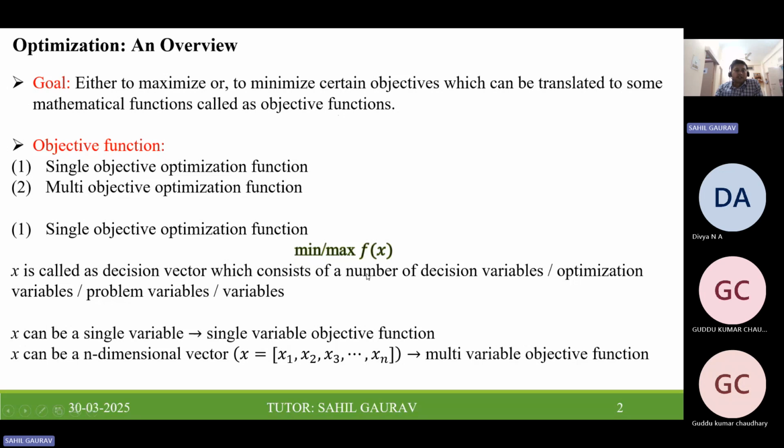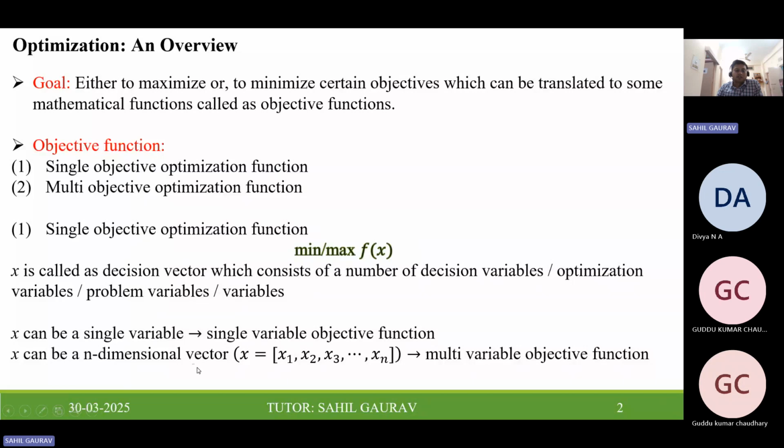Now again, if the objective function is only single one, then we call it a single objective optimization function. And based on this decision vector, if this x is a single variable, then we call it a single variable objective function.